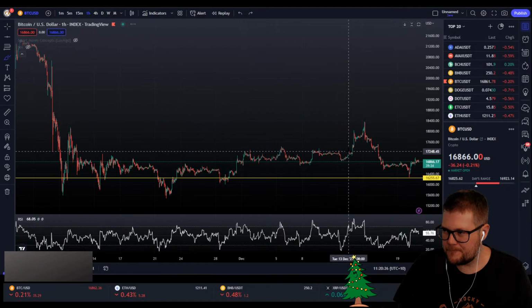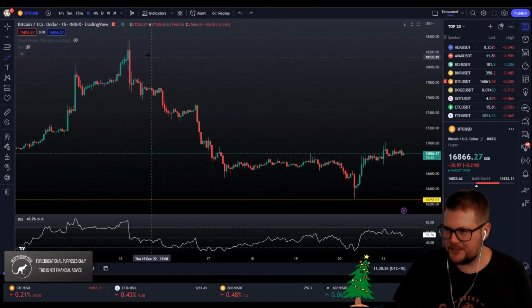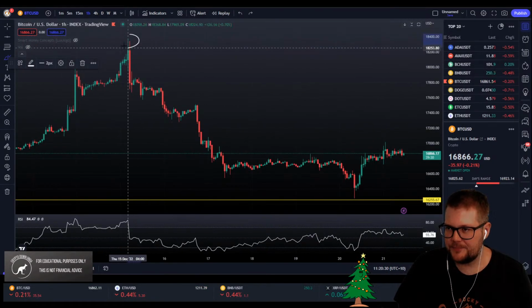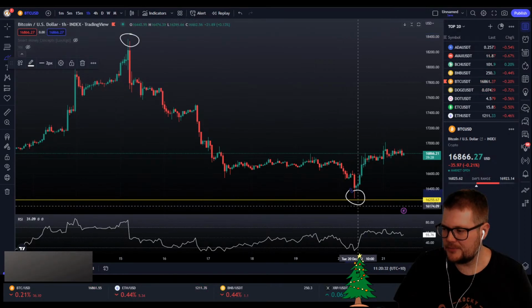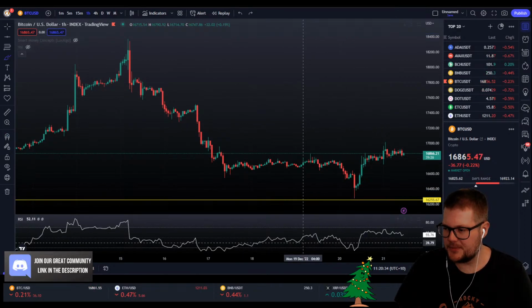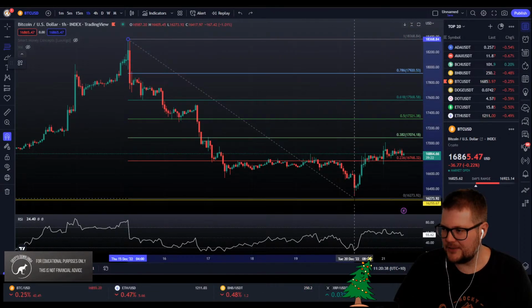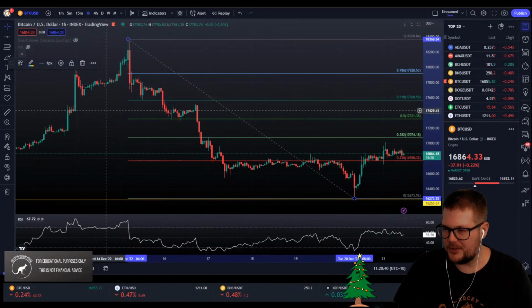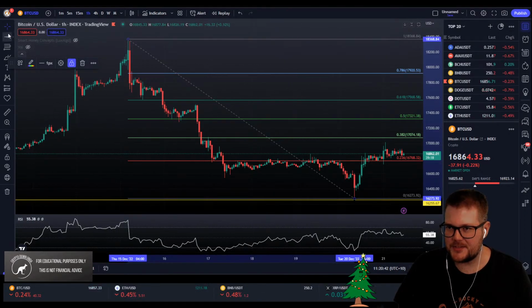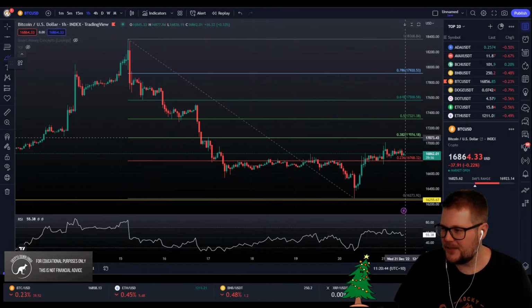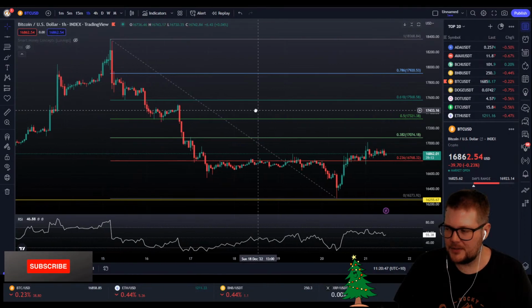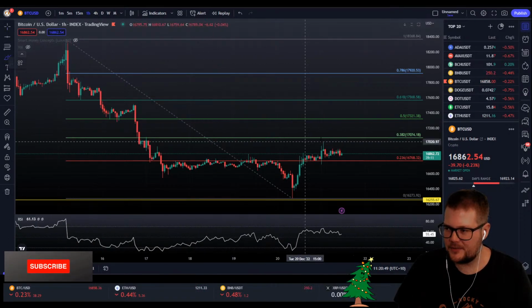Now, given that we know we have a high and we know we have a low, we can do a Fibonacci retracement on that with that information like this. And now we can see what levels we're dealing with as resistance if we're to climb back up. So I just scroll across here.